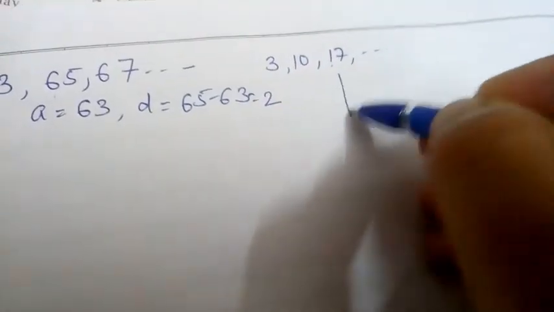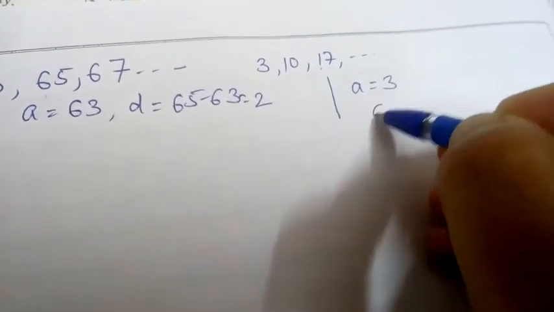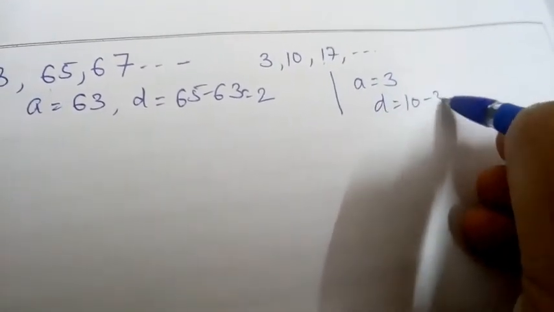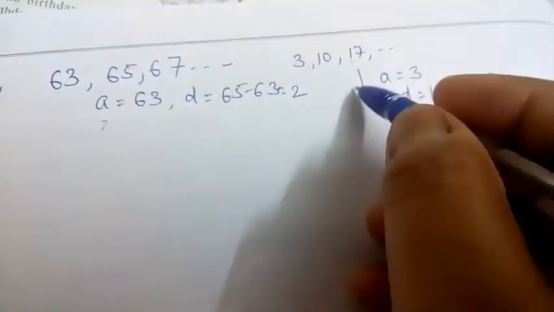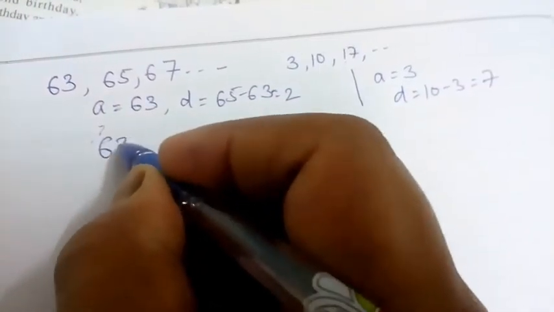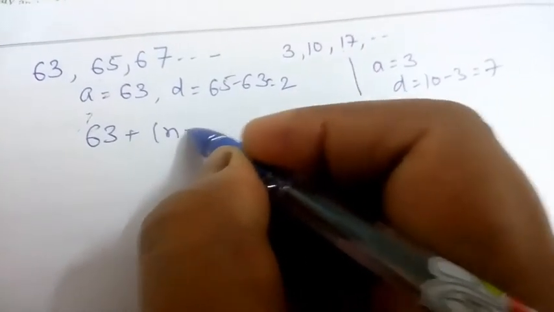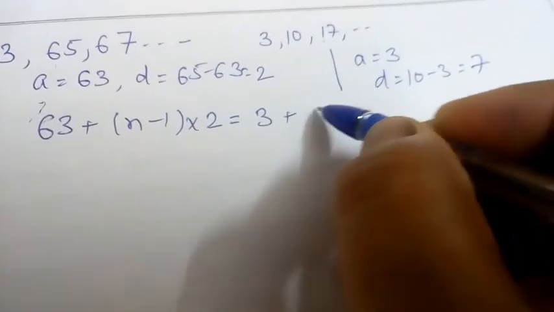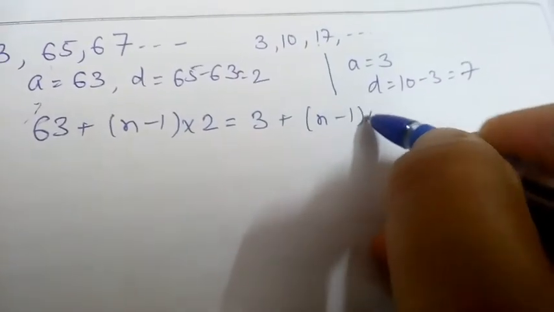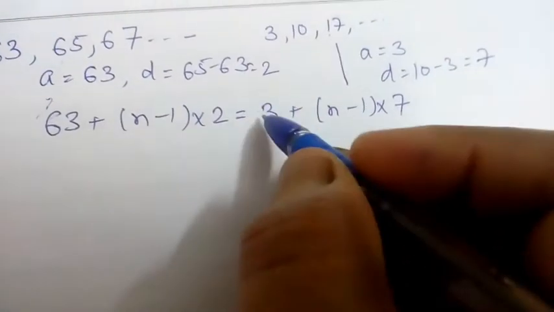And here a equal to 3 and d equal to 10 minus 3, 7. Both nth terms equal: a plus n minus 1 into d equal to a plus n minus 1 into 7. Solve this.